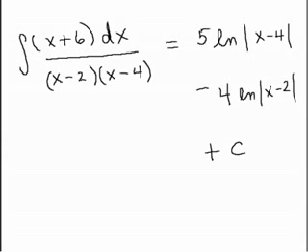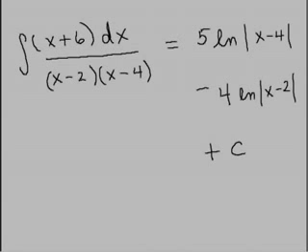The integral of x plus 6 dx over x minus 2 times x minus 4 is 5 times the natural log of x minus 4 minus 4 times the natural log of x minus 2 plus a constant of integration. And this completes our discussion of partial fraction decomposition.